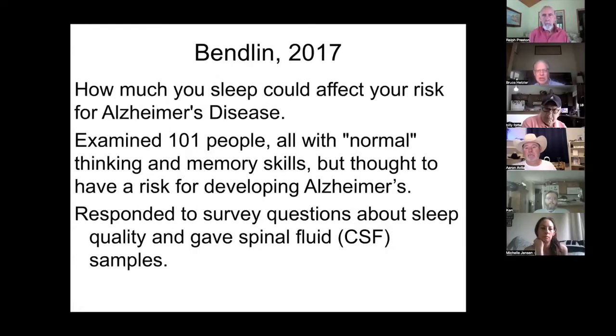This is demonstrated in a study published in 2017 by Bendlin. And her research shows that how much sleep you get could affect your likelihood of developing Alzheimer's disease. What she did was examine 101 people, all with normal thinking and memory skills, but thought to have a risk for developing Alzheimer's disease, for example, because a close relative had Alzheimer's.